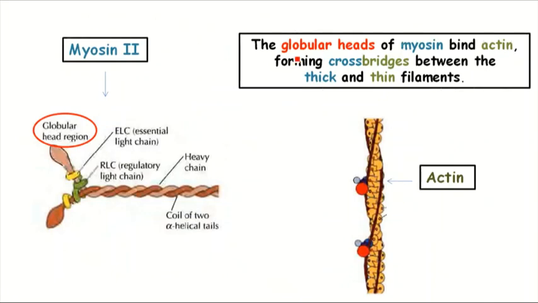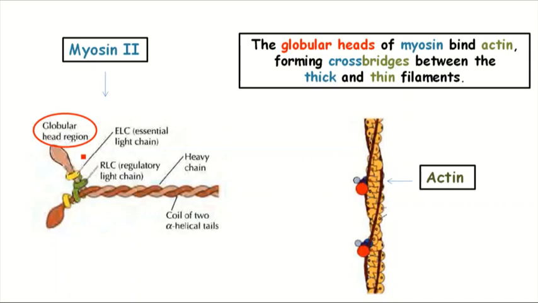Now come to the molecular basis of muscle contraction. The globular head of myosin binds to the actin, forming a cross bridge between the thick filament and thin filament. See, this is the thick filament or myosin, the structure of myosin 2. This is the globular head region. Myosin 2 is composed of two heavy chains and two pairs of light chains.